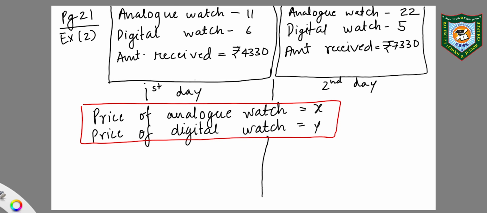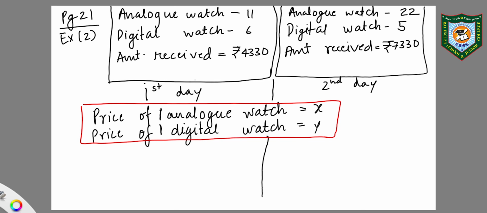Now for the first day, we can see that the shopkeeper sold 11 analog watches and he sold 6 digital watches. So sorry, this is the price of one analog watch and this is the price of one digital watch.